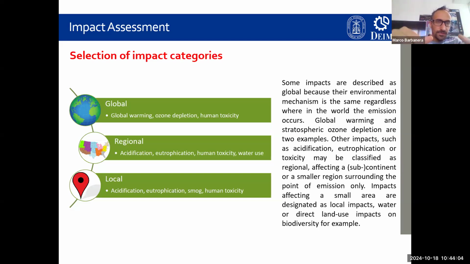But if we use these impact categories to express the environmental burdens of our product, the main problem is that the final user of this result cannot understand very well the meaning of the results, because, for example, he cannot understand the meaning of acidification, the meaning of eutrophication.